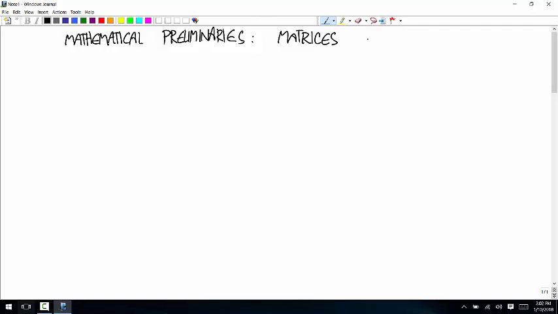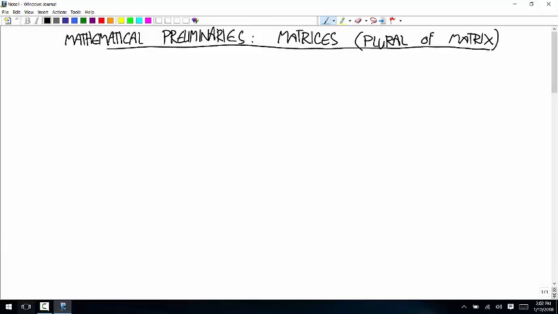Matrices with a C, and that's the plural of matrix. Even if you don't remember how to do this stuff, you can sound smart when you talk about it. It is important, surprisingly important, depressingly important.